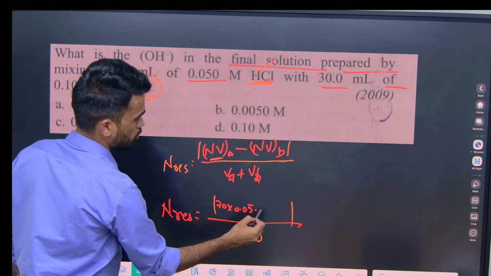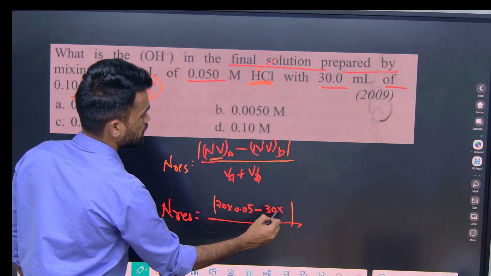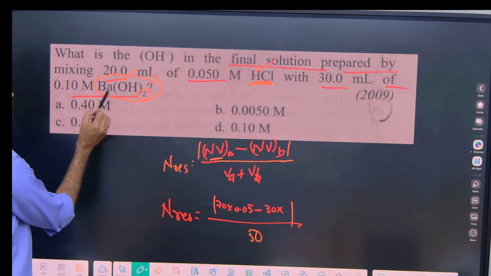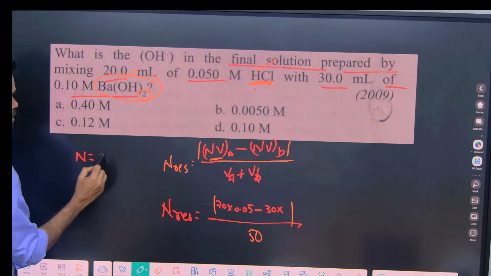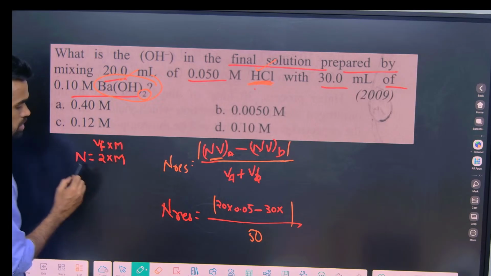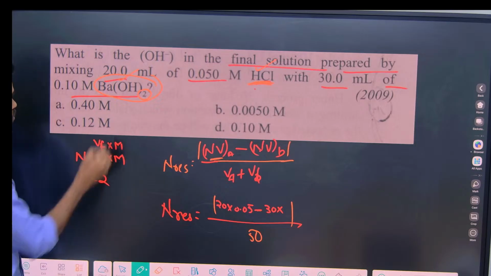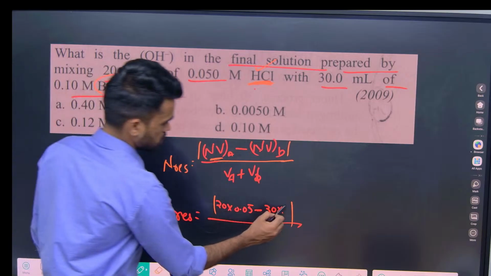Minus 30 into 0.1, whose n factor is how much? 2. So what is the relation between molarity and normality? Valency factor into molarity is normality. So 2 into 0.1 is 0.2. So here it is 0.2.